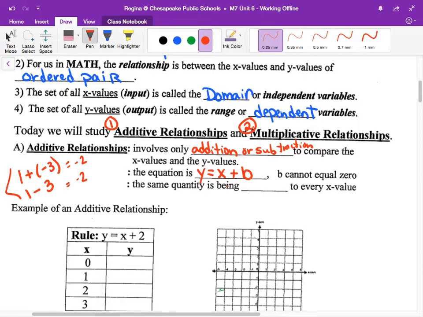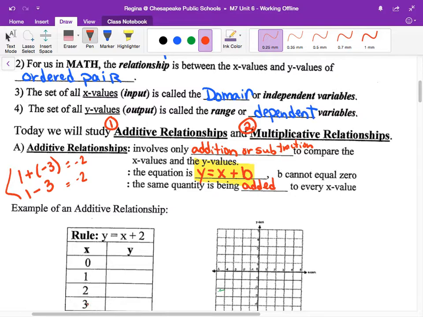So b can be a negative number, a fraction, a decimal, a positive number, but it cannot be 0. Okay, that's the formula. We're going to need this one. This is the rule. That's for additive. And see, we're adding. That's why it's called an additive relationship. The same quantity is being added to every x value. Okay, you got to be fair. Every one of these numbers in the table have to be treated the same way.